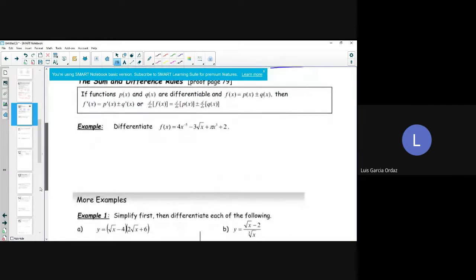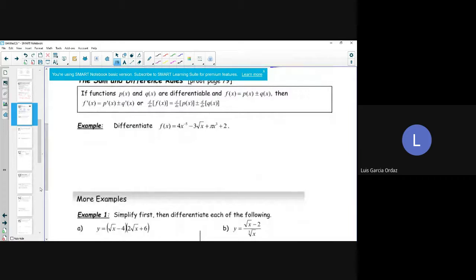Now we have the sum and difference rules. So if both functions p of x and q of x are differentiable, and f of x is equal to p of x plus or minus q of x, then f prime of x is equal to the derivative of p of x plus or minus the derivative of q of x.